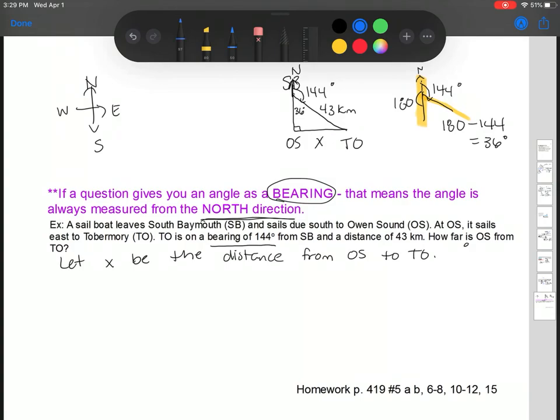Okay, so now we have here, this is the hypotenuse. And then if we're using the 36 up here, then that is the opposite side. So we have opposite and hypotenuse, which means we're going to use sine.